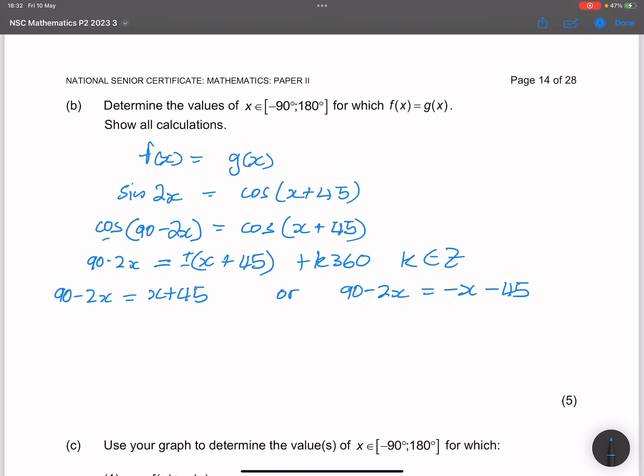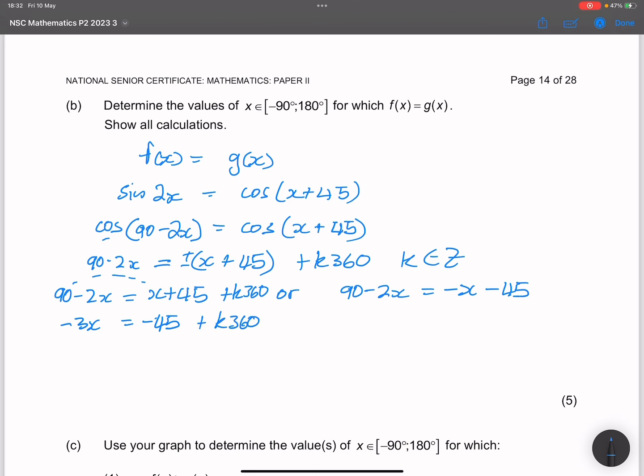Ladies and gents, let's try to get to the answer there. So I will have negative 3x equal to, if I take the 90 to the other side, 45 minus 90, which is minus 45. We said plus k 360. All right, this is plus k 360.